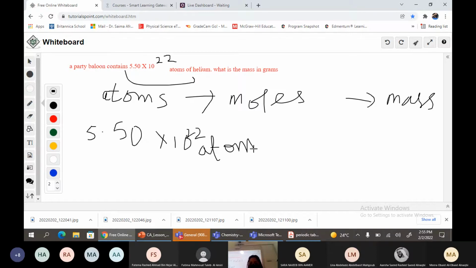What is unknown in step 1? Fatma Rashid, what is unknown in step 1? The moles are unknown in step 1. In step 1, this is given. This is unknown. In step 2, this is given. This is unknown. Like that, you need to solve.